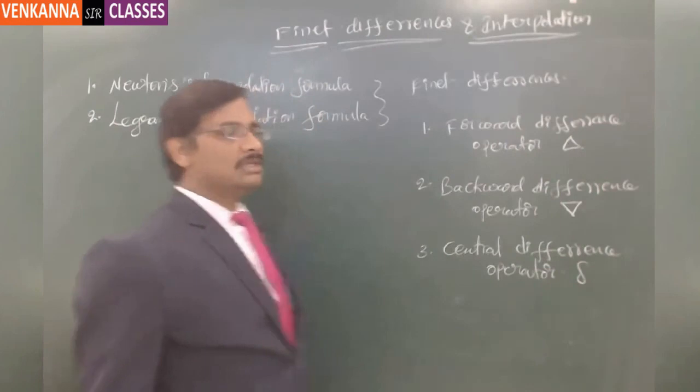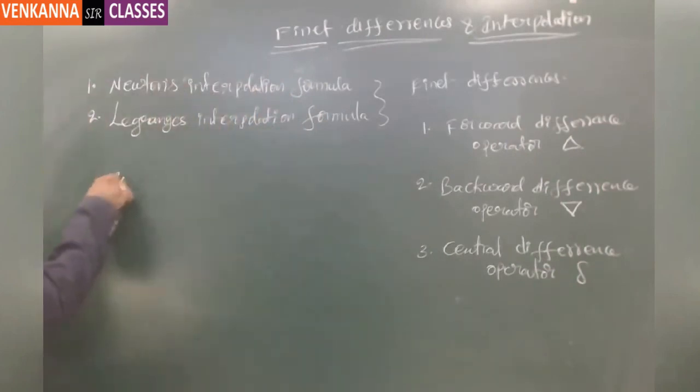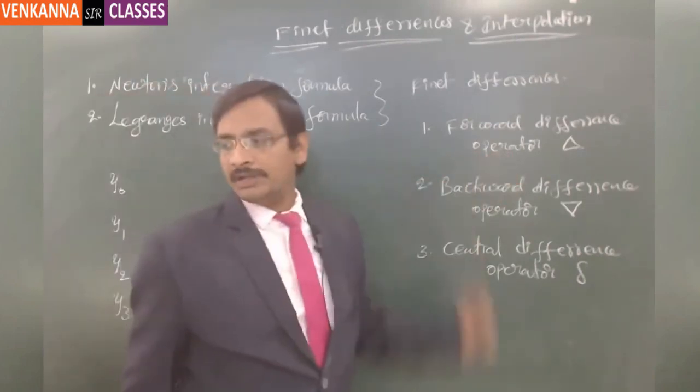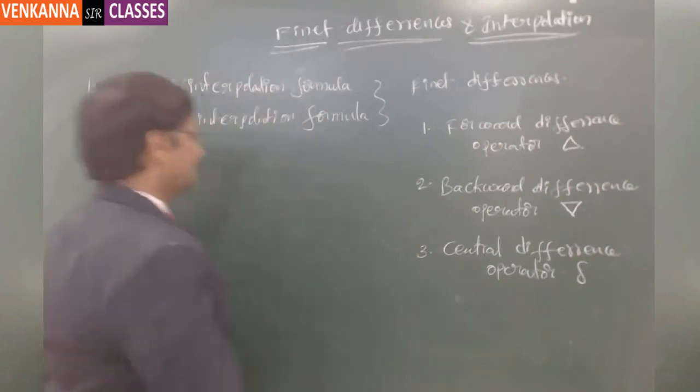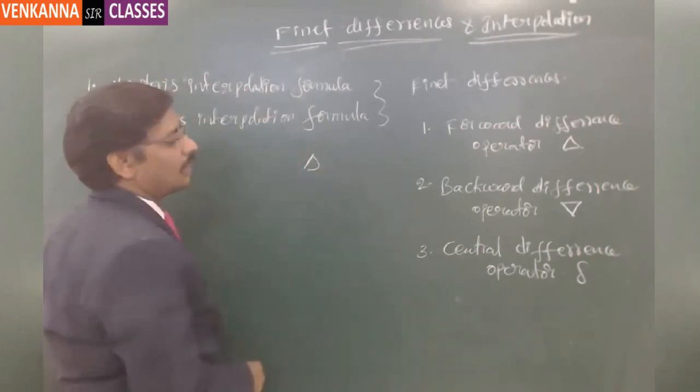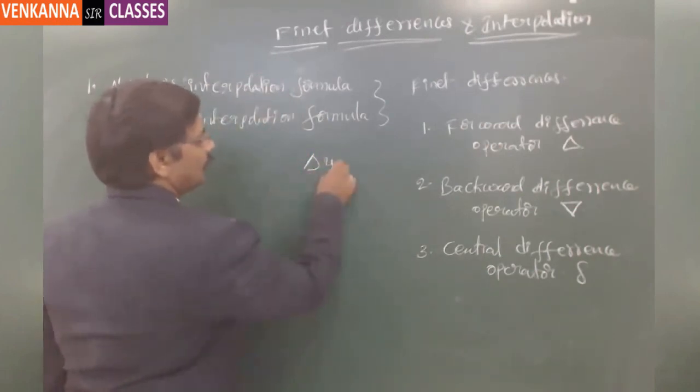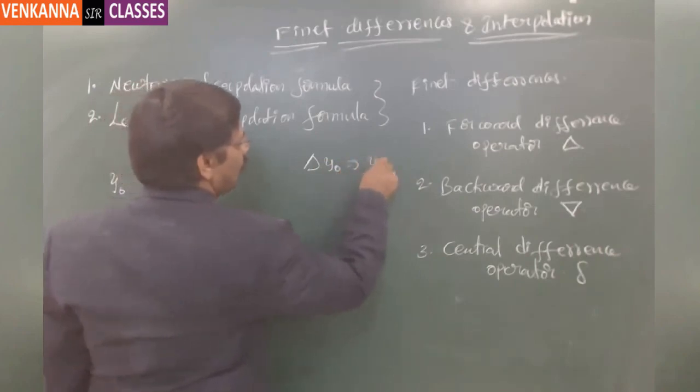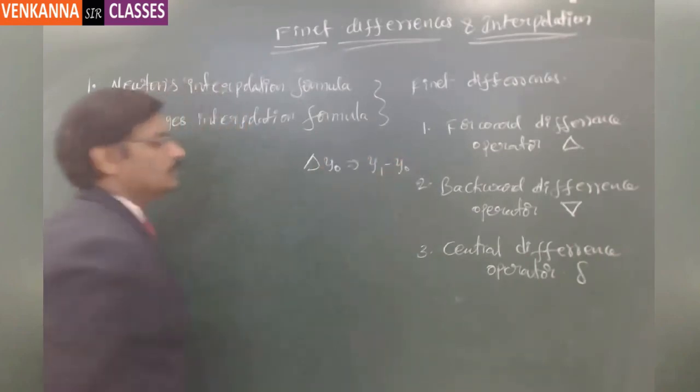Now suppose we have data y0, y1, y2, y3. Here the forward difference operator is defined in such a manner that delta of y0 is equal to y1 minus y0.